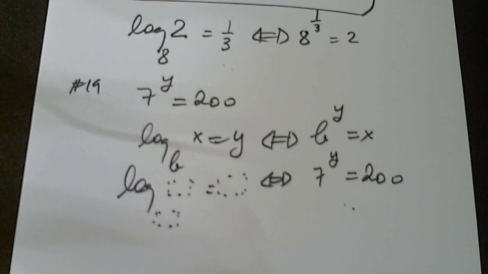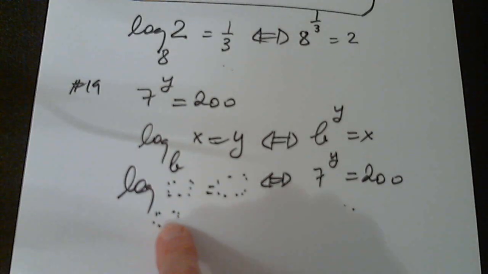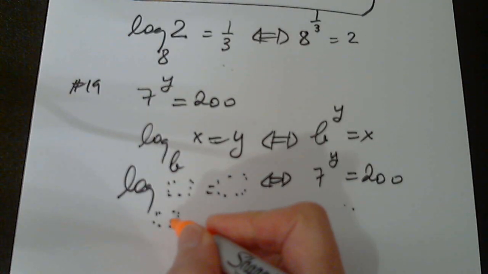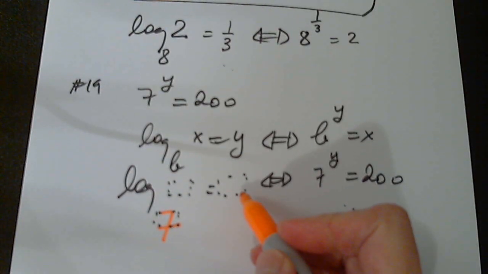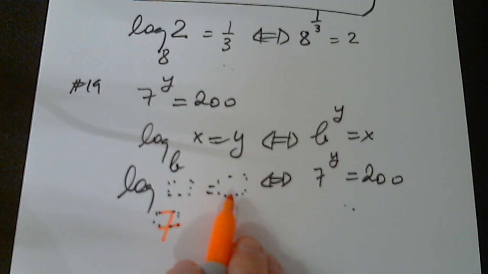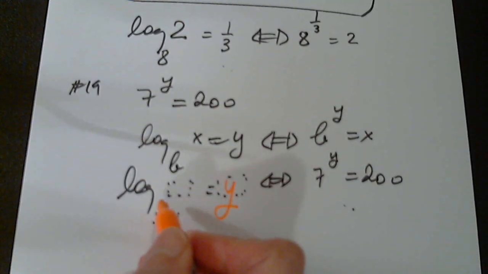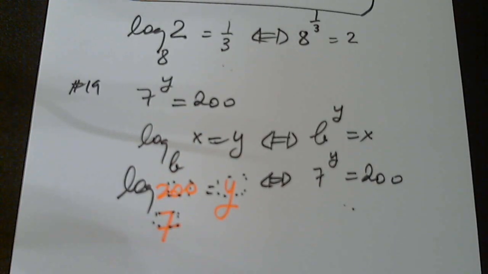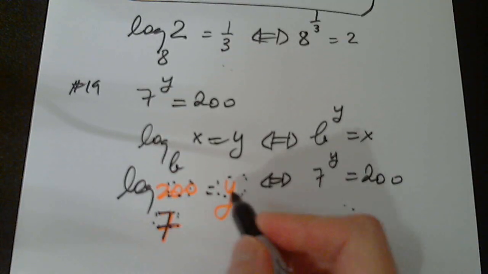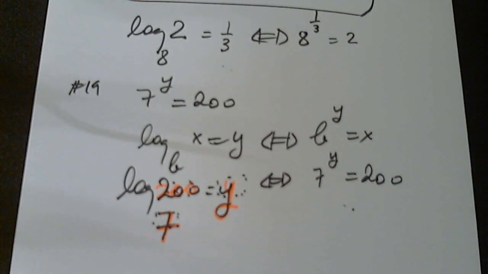Can anyone identify them? Let's start with the base. What is the base? Is it 7? Indeed. What do I raise it to? Y? Indeed. And what is the answer? Of course, I have 2 of them. The other one must be 200. Indeed. 7 raised to y equals 200.